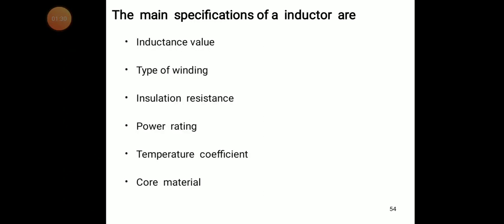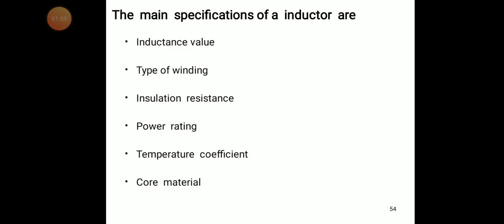Inductance value means the value of the inductor. Whenever we take a component, we need to identify its value. Generally the value is printed on the inductor, or we may have it in the data sheet.